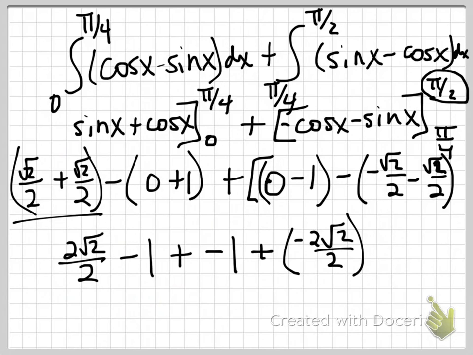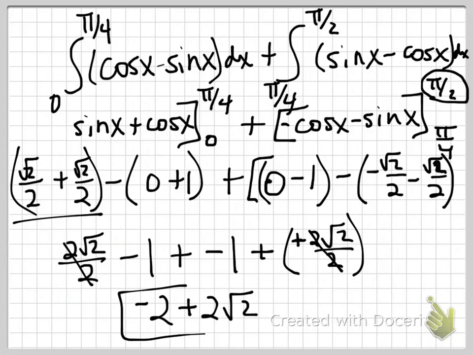And then the two negatives become plus. So I've got negative 1 plus negative 1 is negative 2, and then a square root of 2 plus the square root of 2, which is 2 square roots of 2. And that's actually our answer.